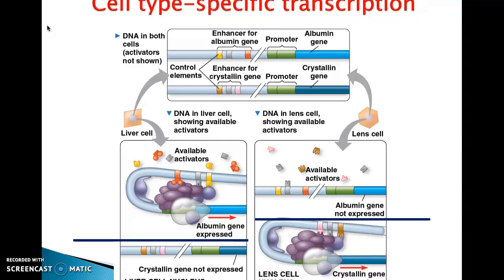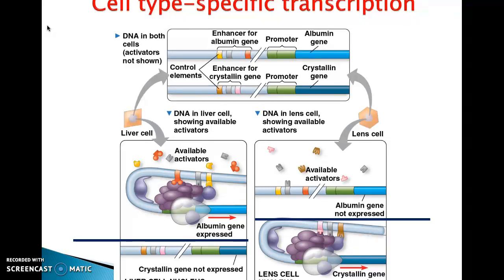And on the right, we have a lens cell. So this would be a cell located in our eye, and it makes crystalline, which is a type of eye protein. So why is it that, again, we have the same DNA in the liver cell and the lens cell, yet the lens cell is going to produce crystalline and the liver cell is going to produce albumin?